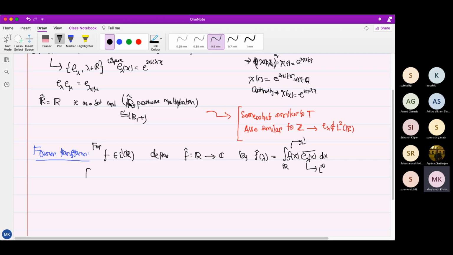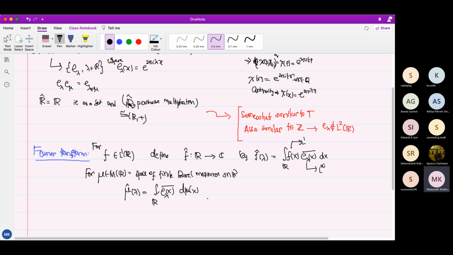Also for measures, you can do it for mu in M(R), the space of finite Borel measures on R. For them, you define mu hat of lambda very similarly as the integral over the real line of E lambda of x conjugate d mu of x.